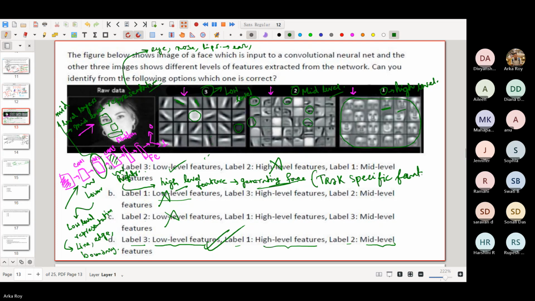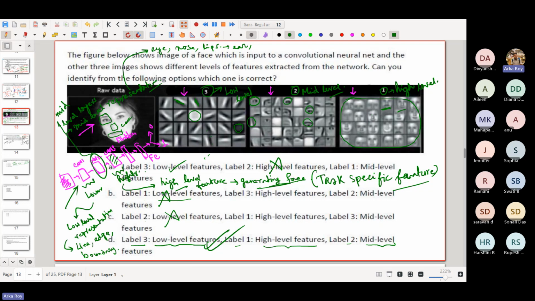What do I mean by task specific feature? Your problem was to do face recognition. At the higher end, the model is now able to construct the faces, which will help in face recognition.